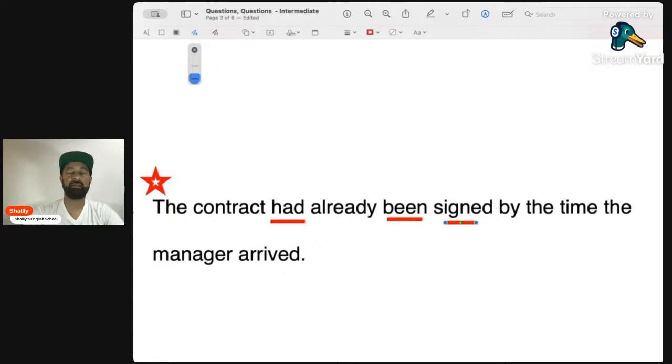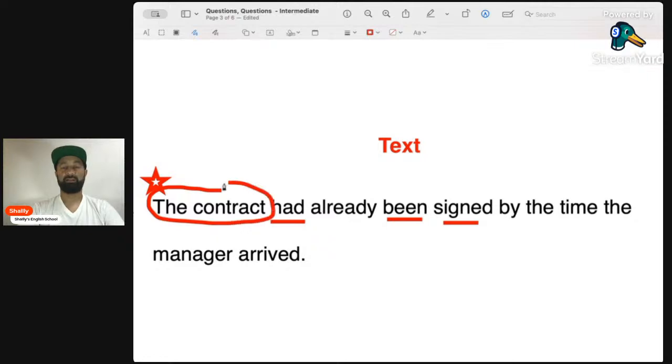This one here, we are going to be using a different question pattern. We're not going to be using the two that I've already shared. So for me, I'll ask a WH question. I'm going to say the contract is the answer.